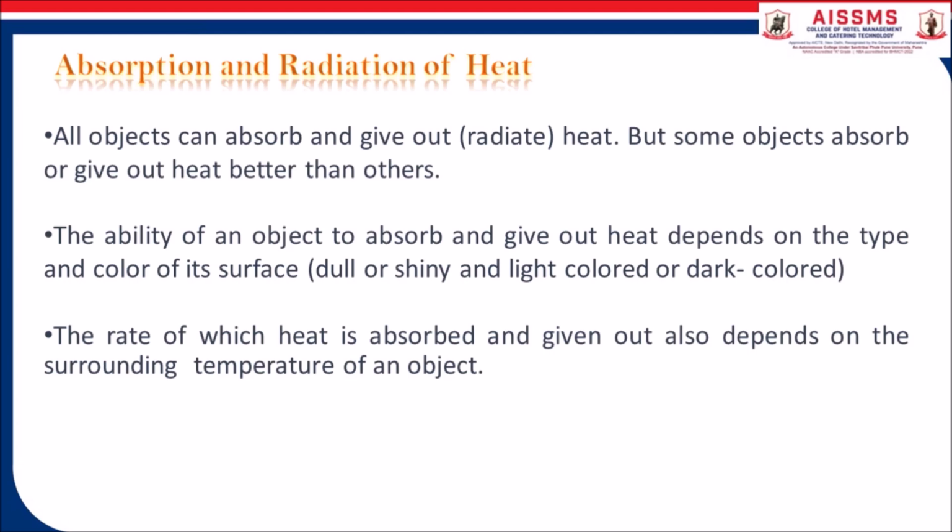This differentiation is based on their properties. The ability of an object to absorb and give out heat depends on the type and the color of the surface: dull or shiny, light colored or dark colored.